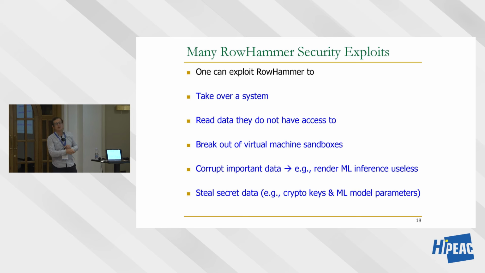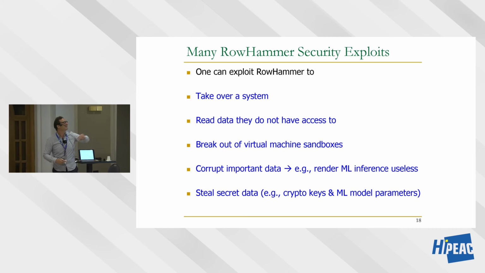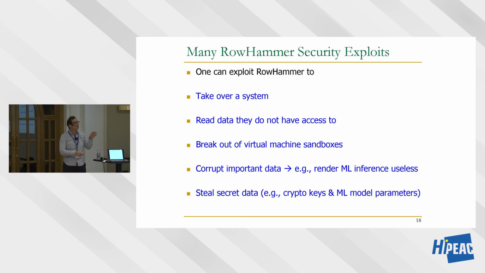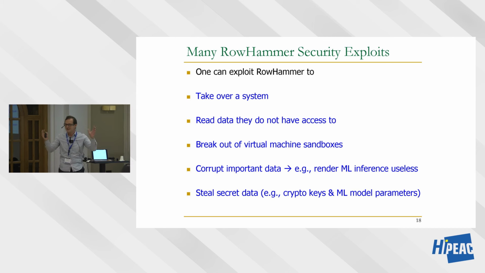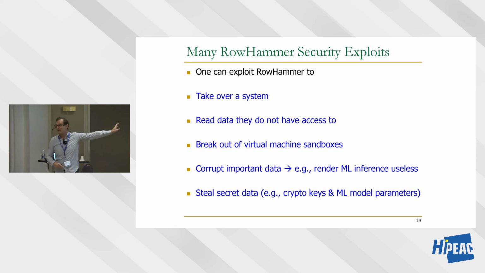You can break out of a virtual machine sandbox. Your virtual machine can be providing a sandbox, and you're not supposed to get out of it, but you can actually get out of it, and we will see that later. At the very end, there's a historical perspective here also. You can corrupt important data, for example, render ML inference useless by corrupting some important bits in your weight matrix, and people have shown that.